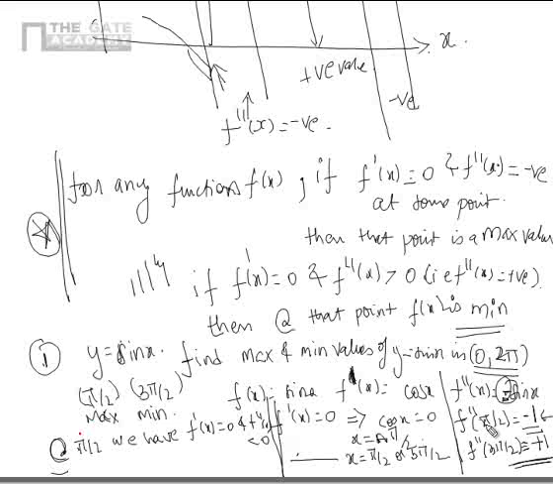At 3 pi by 2 we have f dash of x equal to 0 and f double dash of x greater than 0. So which proves that pi by 2 is a max value and 3 pi by 2 is a min value, which is according to our understanding. So our results are correct.